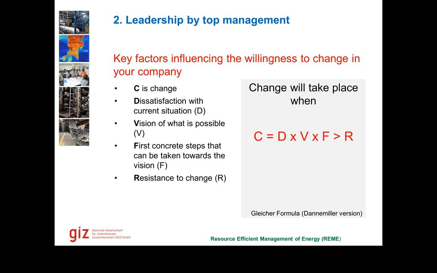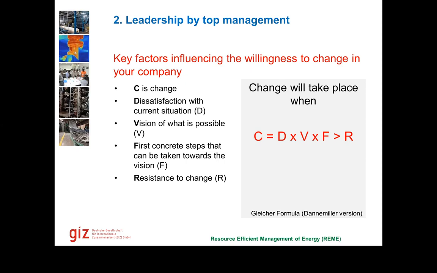which says in this formula C is change. So change will be brought only when the degree of dissatisfaction from the current situation, D, is there, and a vision of a possible future state, a target of a possible future state, that is V, exists, and first concrete steps, F, are taken.